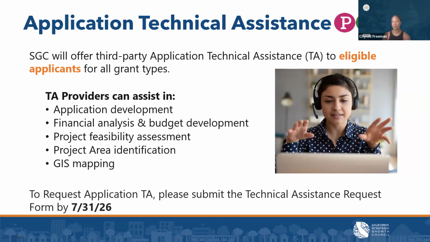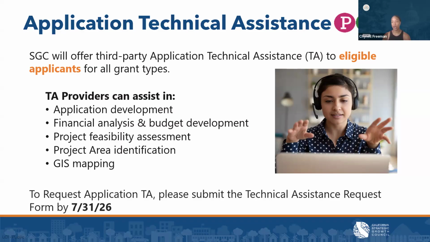Technical assistance providers may support applicants in several areas, including coordination, review of materials, financial analysis, and budget development, project feasibility assessments, project area identification, and project area mapping. Because funding and provider capacity are limited, technical assistance may not be available for all applicants. Additional requests may be considered on a case-by-case basis depending on available resources.